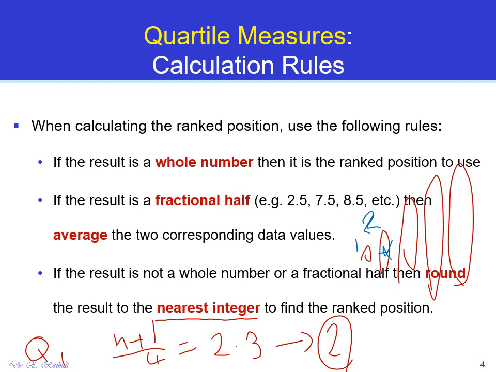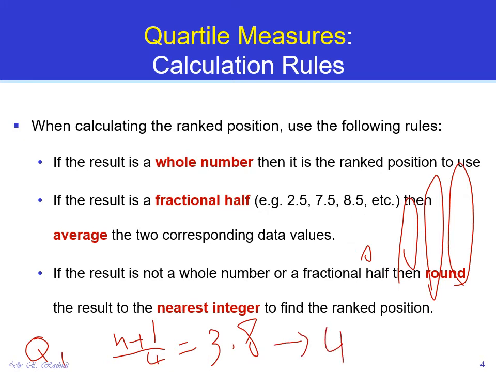Suppose it was another number, 3.8. The closest whole number or integer to 3.8, you have to round it up, is 4, right? So the fourth number would be your quartile. First, second, third, and fourth. The fourth number would be your quartile.